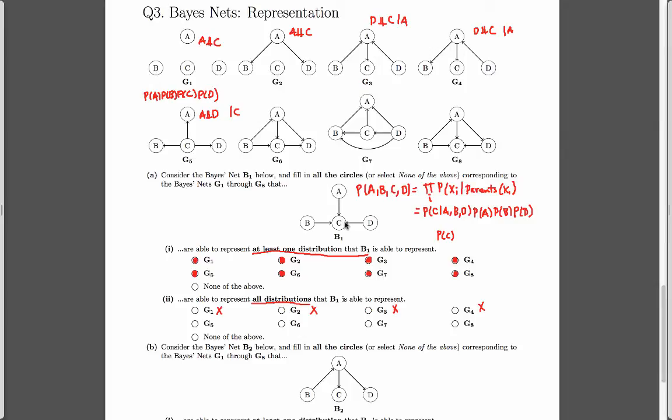However, in this graph, A and D are not independent given C. This is an additional independency assumption that G5 makes that B1 does not make. So therefore, it's not able to represent all the distributions that B1 can represent.